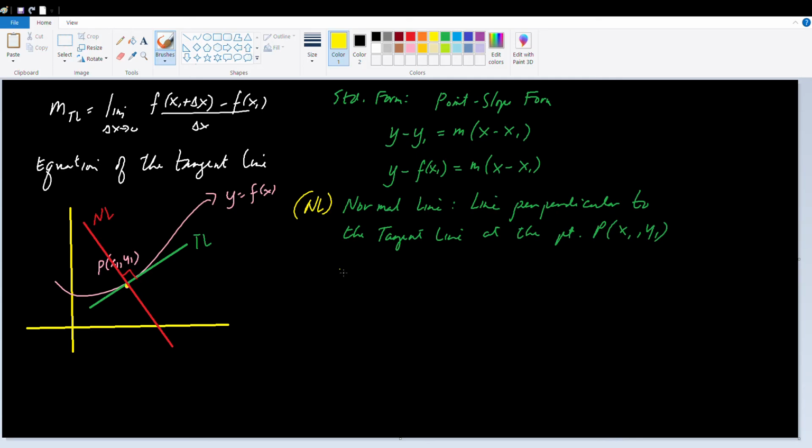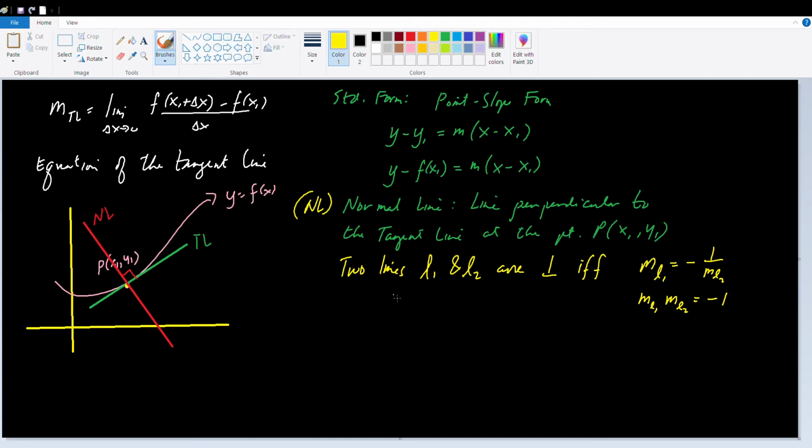We know that two lines, L1 and L2, are perpendicular if and only if the slope of L1 is the negative reciprocal of the slope of L2. Or equivalently, the product of their slopes must be equal to -1.